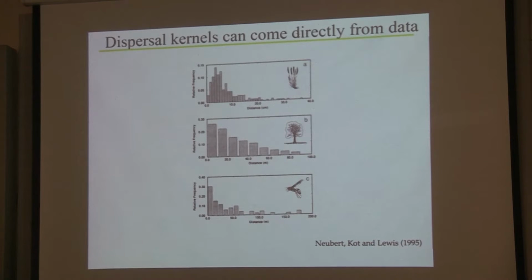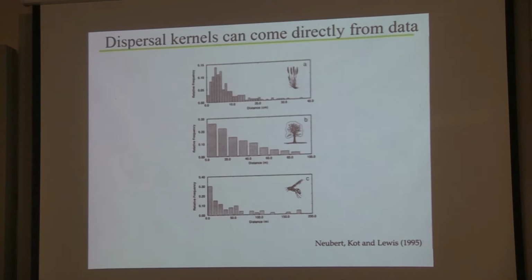Diffusion is a rather crude depiction of what's truly going on. If there are some rare long-distance dispersal events, they would show up in a dispersal function. A dispersal function would describe how far propagules go over a season, typically a year, when there's periodic reproduction.